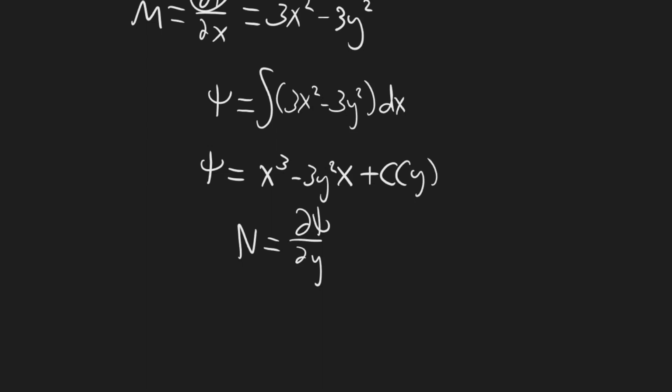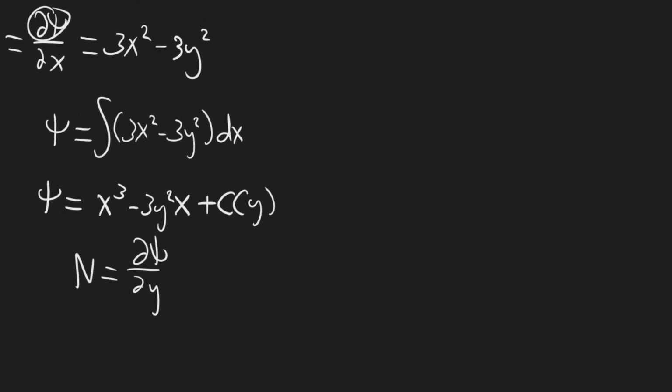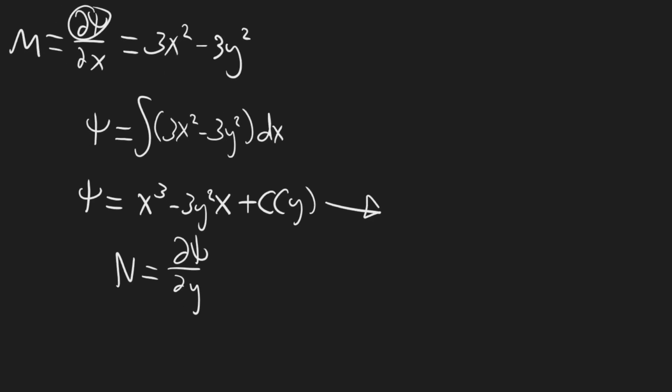So I'm going to draw a little arrow here. Let me move over a bit, and I'm going to say partial psi partial y equals, and then we're going to take this partial derivative. Now x cubed, that's going to go to 0. Negative 3y squared x is going to be negative 6xy. And then the derivative of a function of y is just simply that function's derivative.